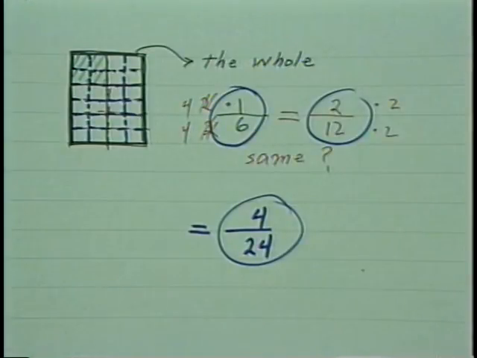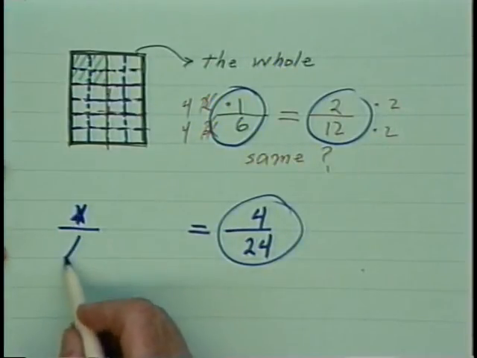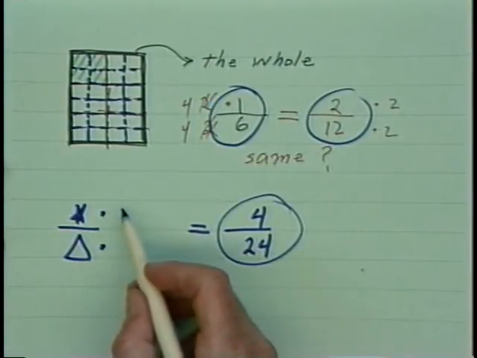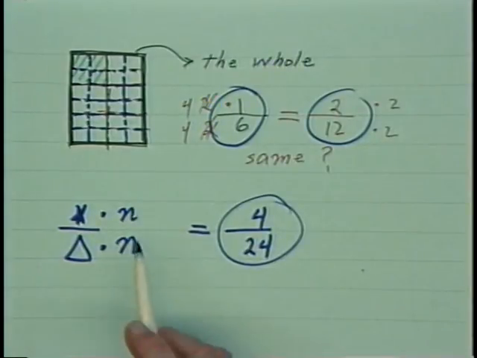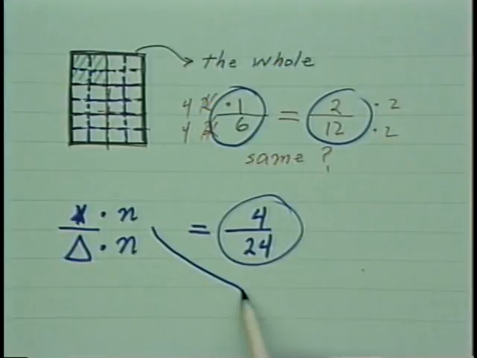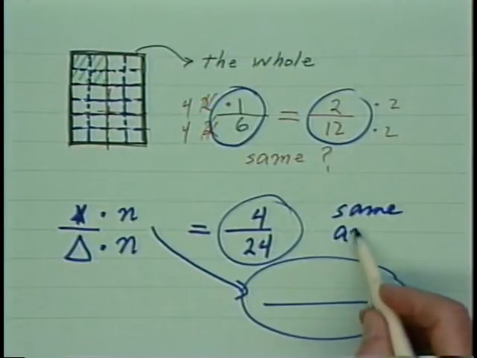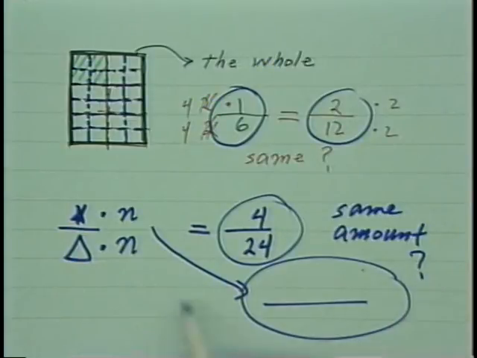So we ask ourselves, is it possible that if I have any fraction with a top number and a bottom number, whatever it is, that if I multiply top and bottom by the same number, which I'll call n here, that whatever I get will look different because I did that, but even though it looks different, will it be the same amount? And the answer is going to be yes. It will just look different.